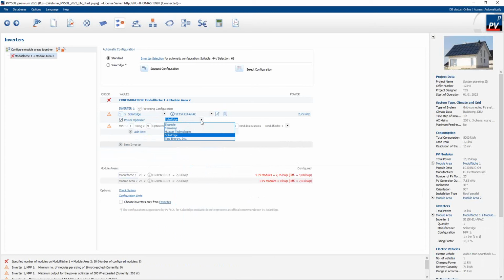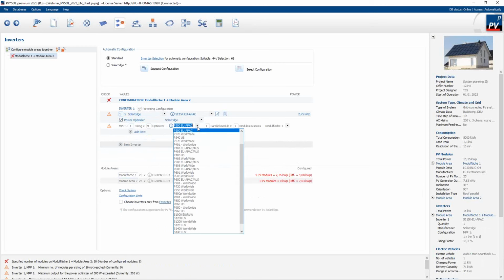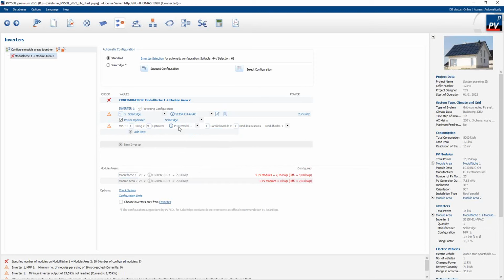And there are again different manufacturers available. SolarEdge inverters can only be used with SolarEdge optimizers, so we have to select SolarEdge here. And finally, the power optimizer we want to use, we have a 305 watt module, so we use the 320 worldwide here.